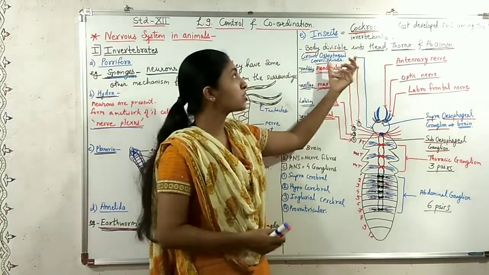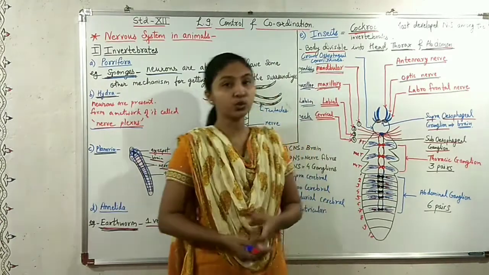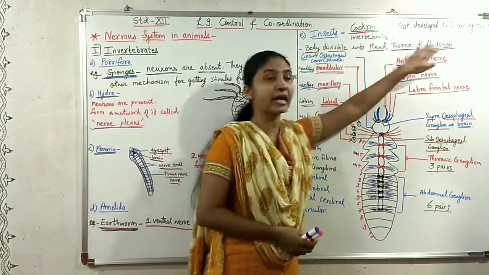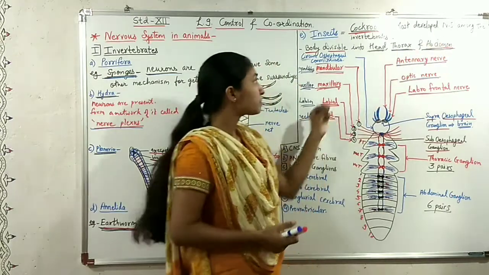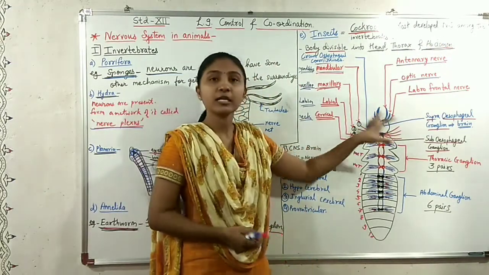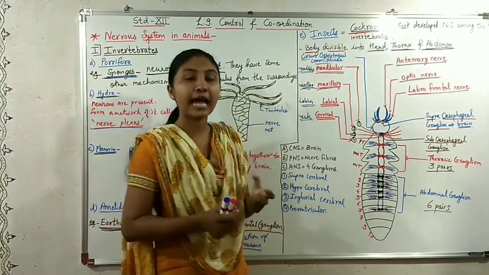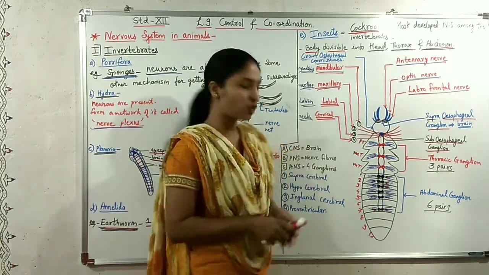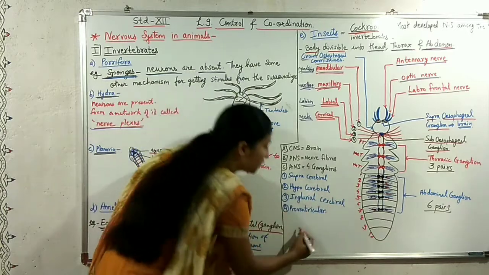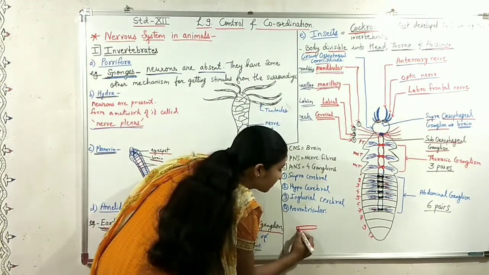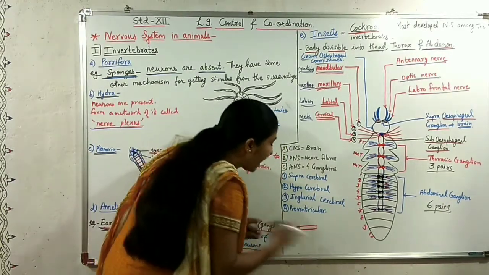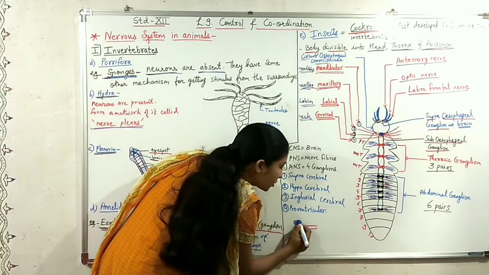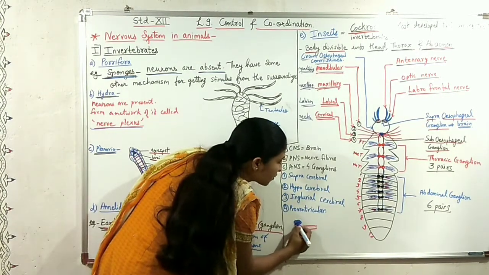So, in cockroach, the body is divisible into three parts, that is head, thorax and abdomen. Now, in cockroaches, there is a large ganglion which is situated above the esophagus. Suppose this is the esophagus and a large ganglion is present over here above the esophagus.